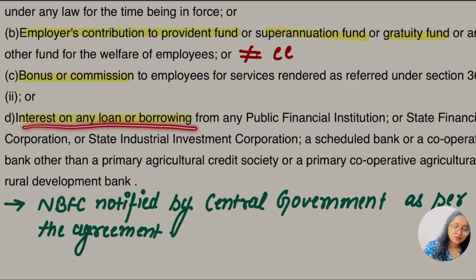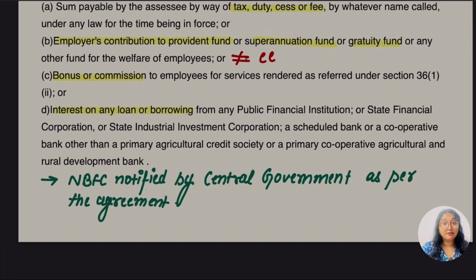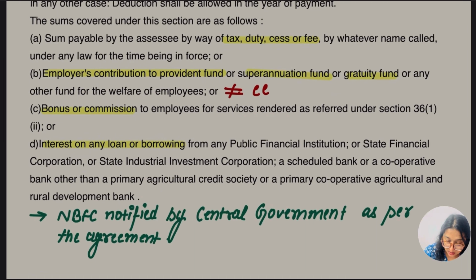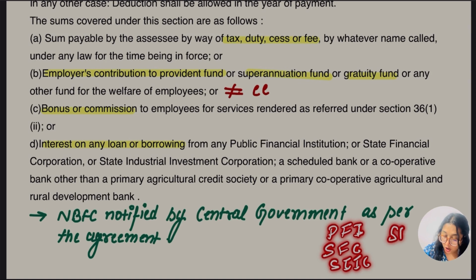Interest on any loan or borrowing from whom? From a public financial institution, state financial corporation, state industrial investment corporation, a scheduled bank or cooperative bank, or any primary agriculture credit society or primary cooperative credit society, and agriculture and rural development bank.